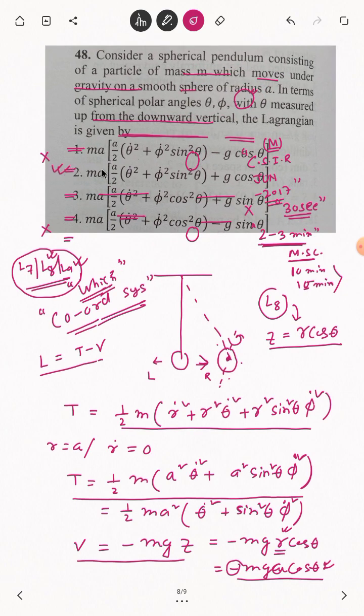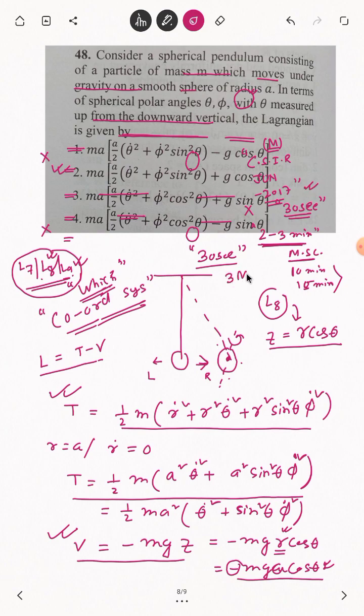I think all of you have a good idea about it. So can we demand that we can do it in 30 seconds? It is unrealistic. We can do it, yes, within 2 to 3 minutes. Just take a look at the kinetic energy and potential energy in lectures 8 and 9 and you will easily solve the problem. That was set in CSIR June 2017.